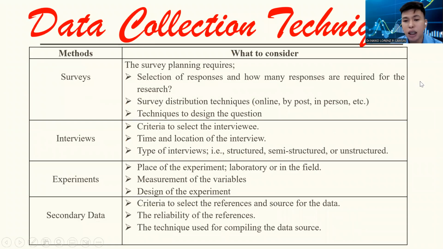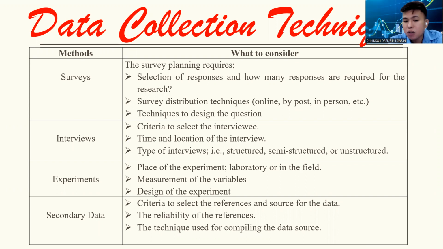Now, in data collection technique, these are the following methods and the considerations that you need to consider. For survey, selection of responses. How many responses are required for the research? Survey distribution, will it be online, by post, or in person? Techniques to design the question. For interview, criteria to select the interviewee, time and location of the interview, types of interview, will it be structured, semi-structured, or unstructured?